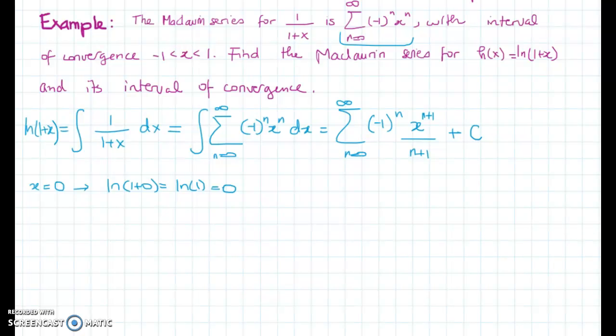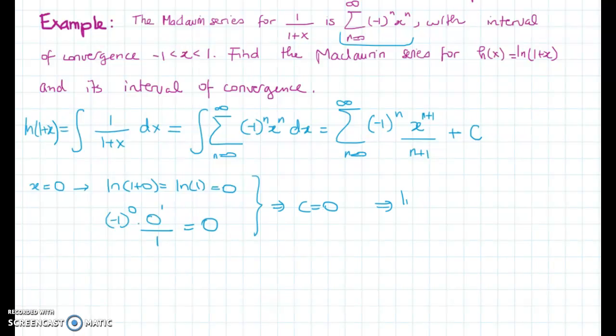We know that the only thing that survives in that case is when n is equal to 0, so negative 1 to the power of 0, and then we have 0 to the power of 1 over 1, and this is just 0. So that means that the constant c has to be 0 as well.